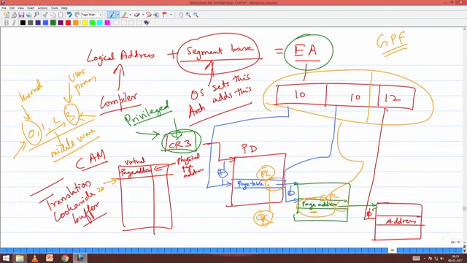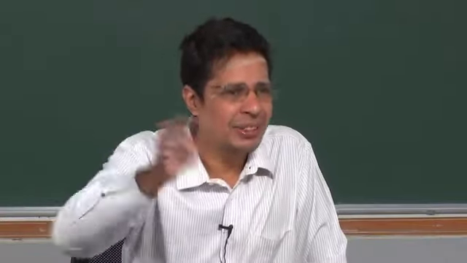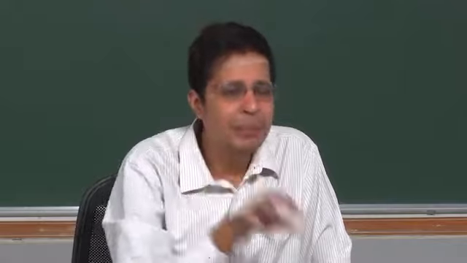Hey, you are going outside your segment. Even before I go through the translation process, you are generating an effective address, and that will be in some segment which is not defined for you.